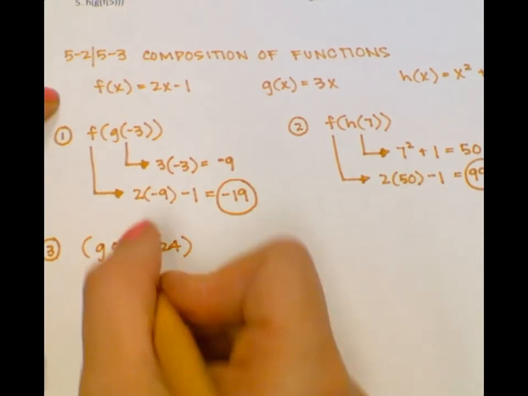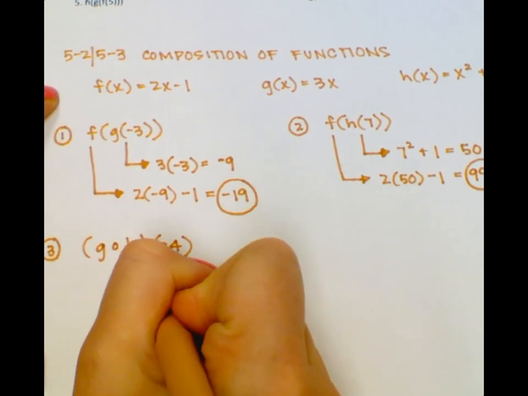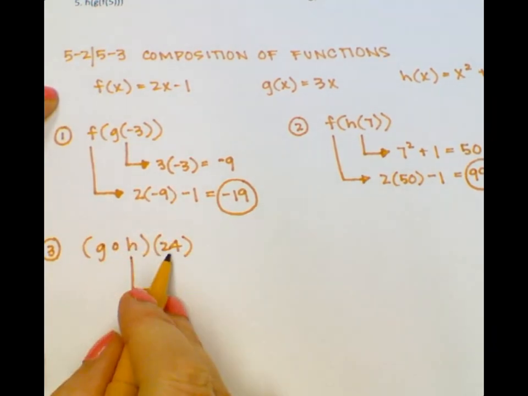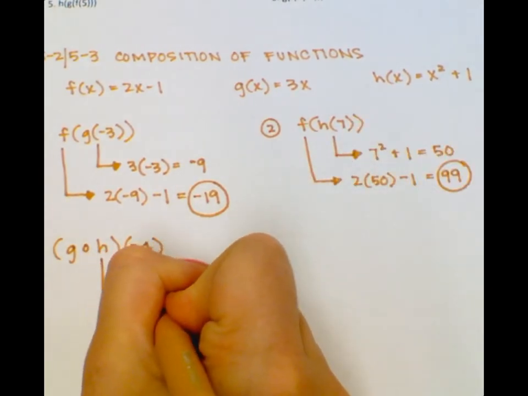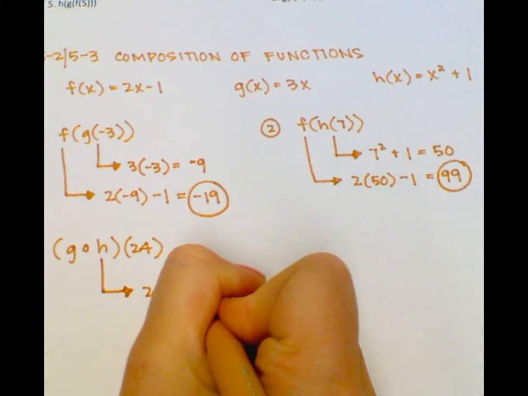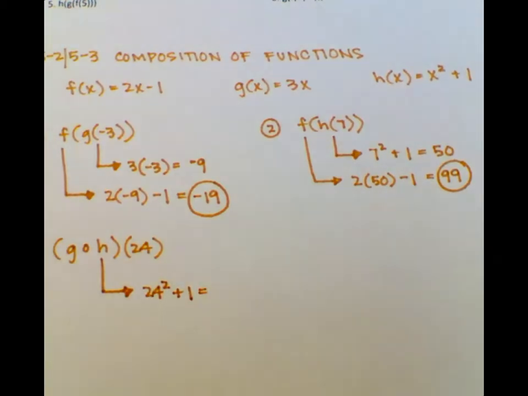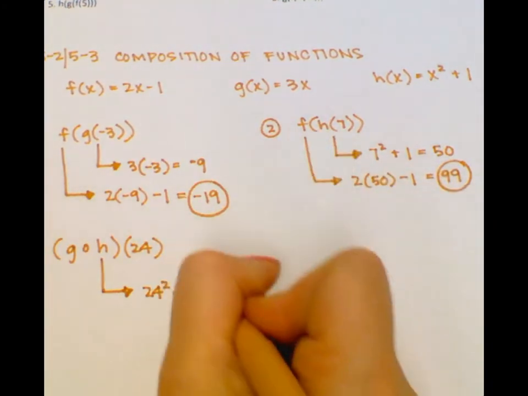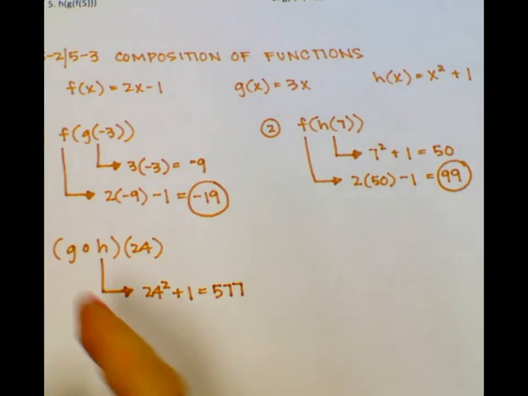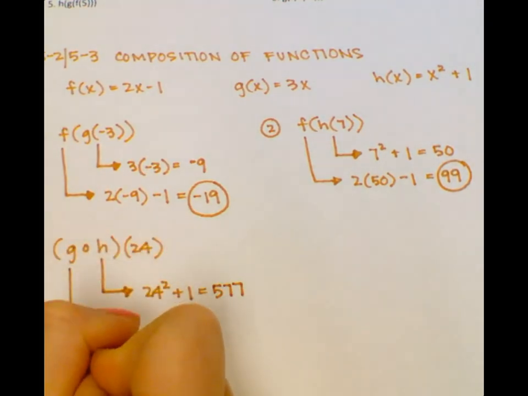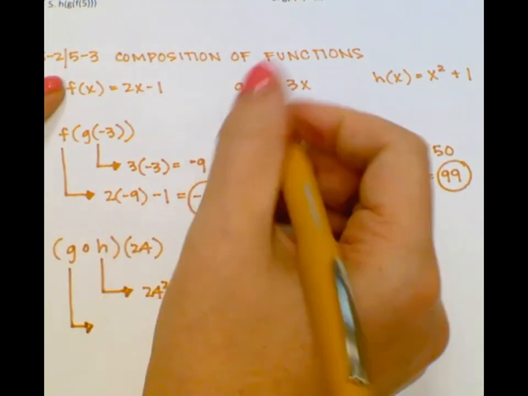Start with the h. You always start with the one behind. So I'm going to go to the h first and plug in the 24. The h is right here, so 24 squared plus 1. I'm going to need my calculator for this because that 24 is probably big. 577. Okay, then go to the g, which is the middle guy.